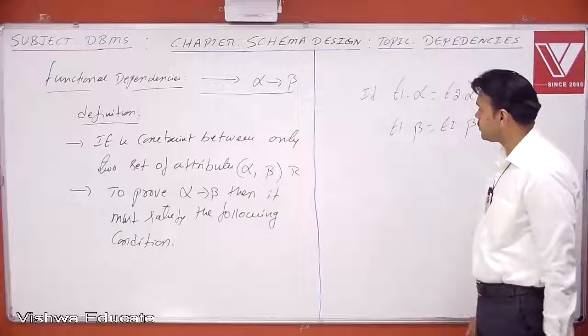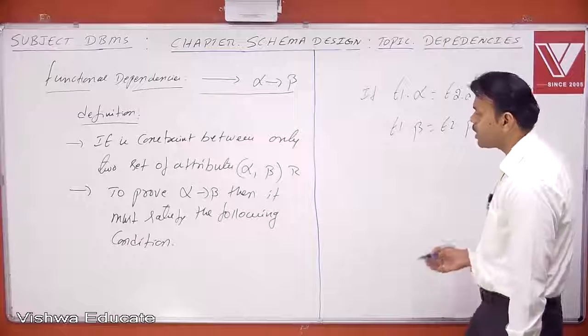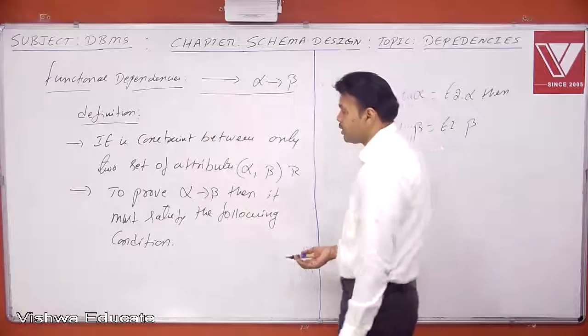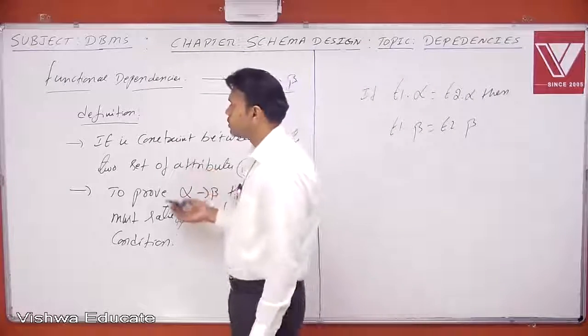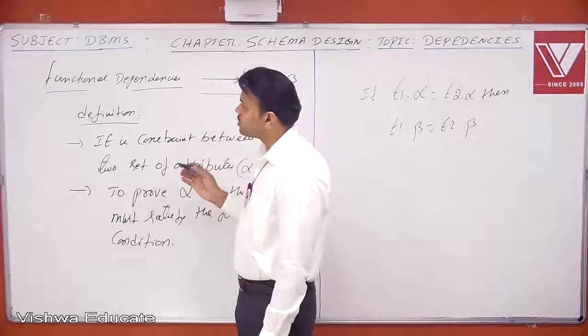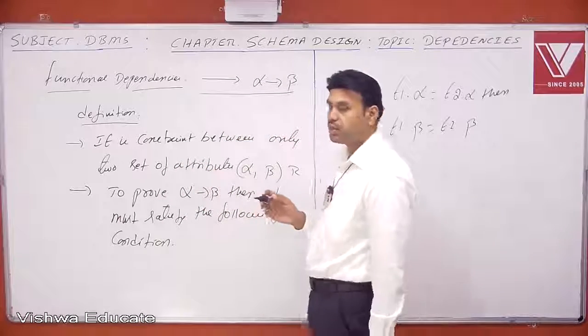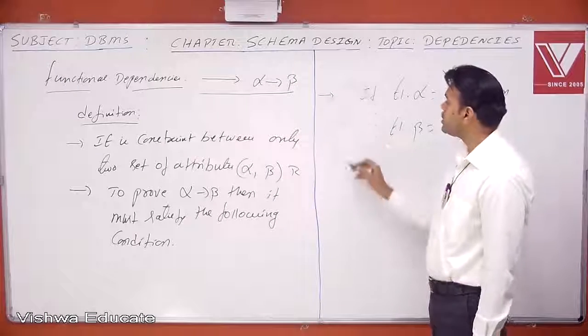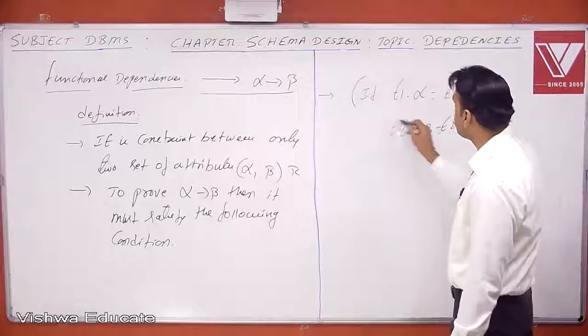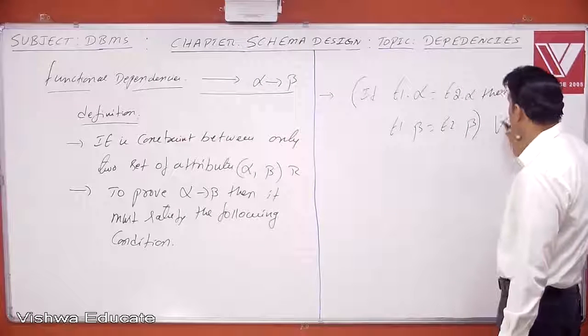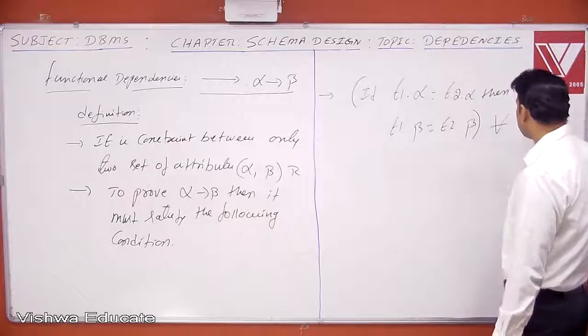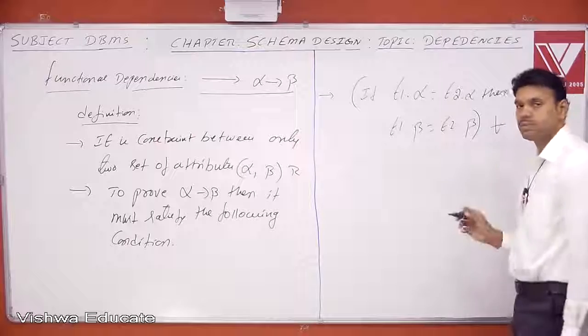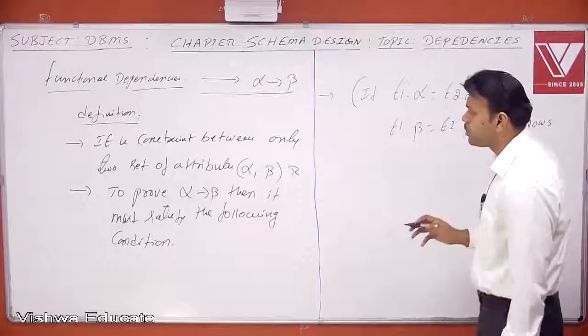As far as this condition is concerned, I can prove that there is a functional dependency between alpha and beta. And this condition must be satisfied for all rows. That's the meaning.